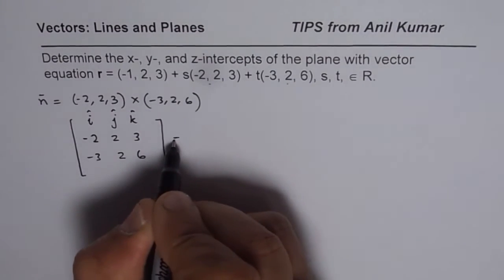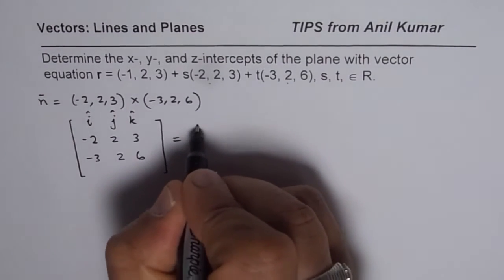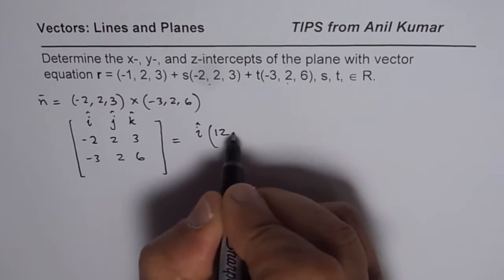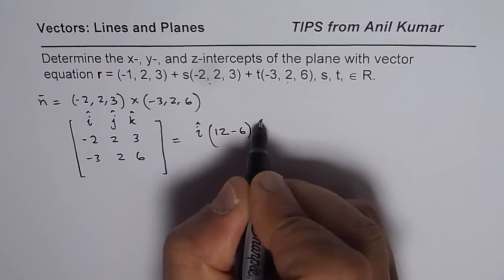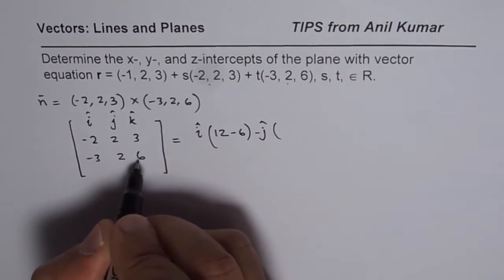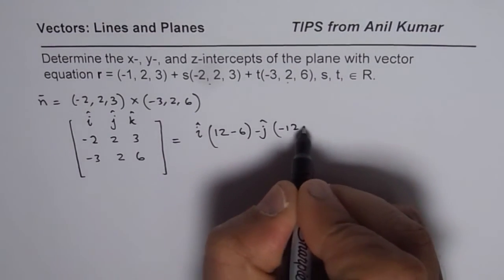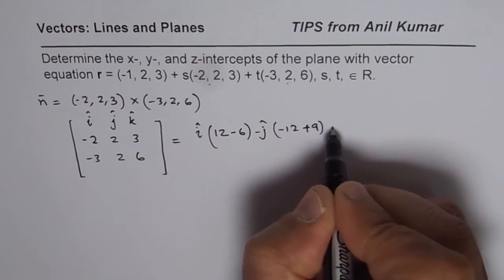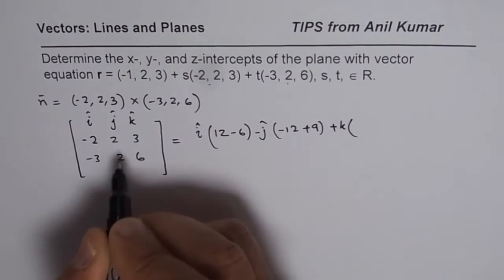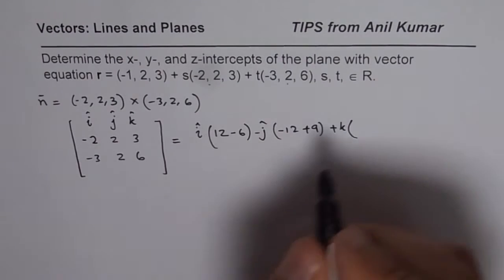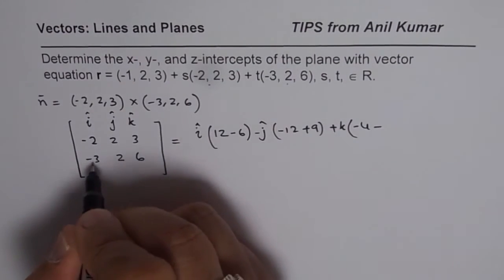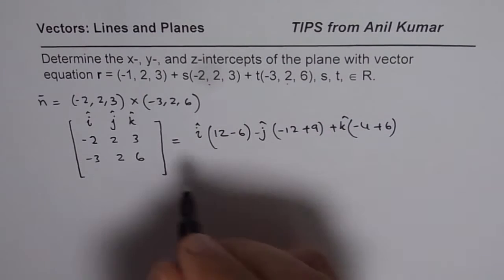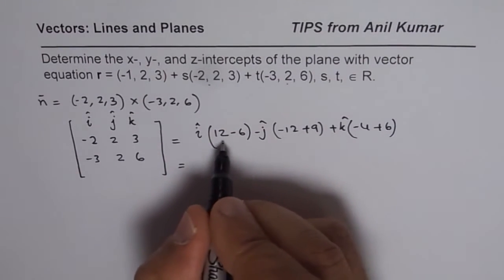So we could write this as i times 2 times 6, 12, minus 6, minus j, minus 2 times 6 is minus 12, minus 9, but the negative sign makes it positive, plus k. For k it is minus 2 times 2 is minus 4, minus 6, which is positive. Let me simplify here itself and write down the answer.